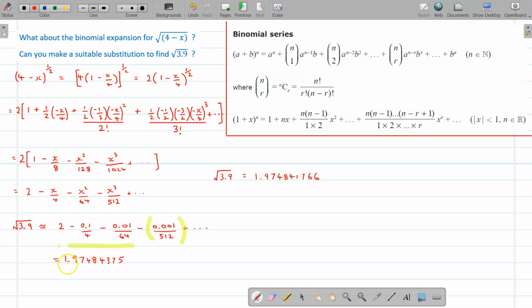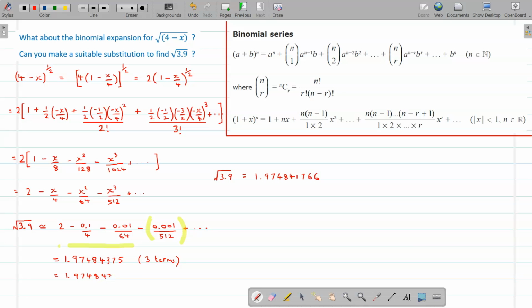Now, if you look at this one, it's already accurate to 5 decimal places just by taking those first 3 terms. If I included this 4th term as well, so I'm now going to include this 4th term, and I'm just going to put 3 terms in brackets there. If you added or subtracted that last term, you get even more accuracy, 1.974843.